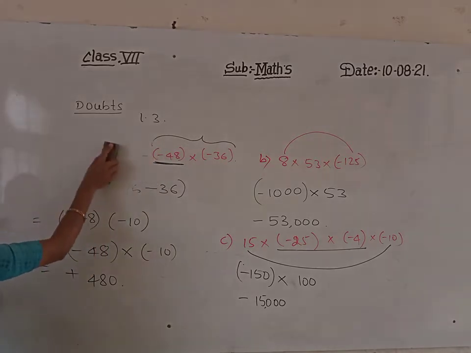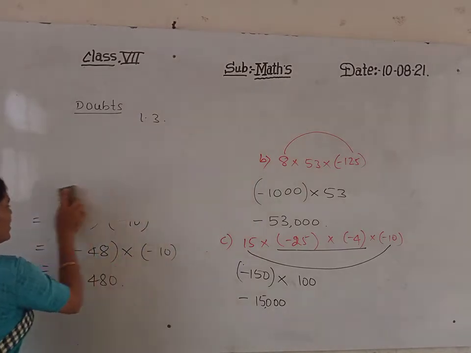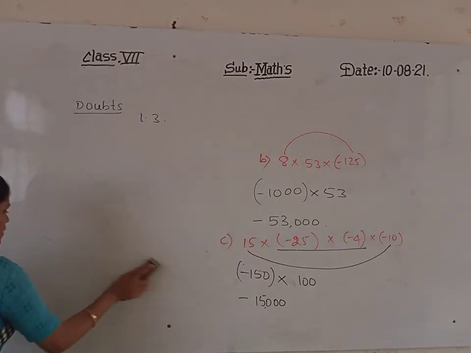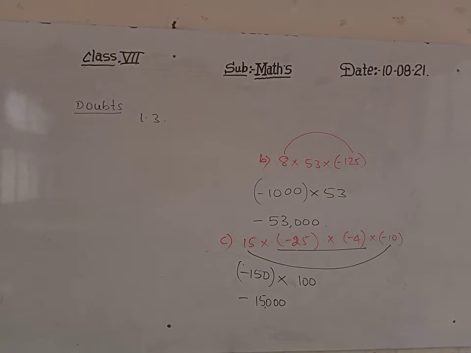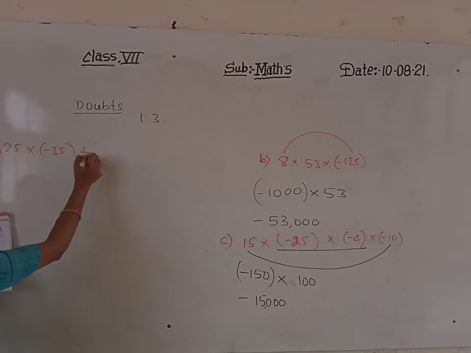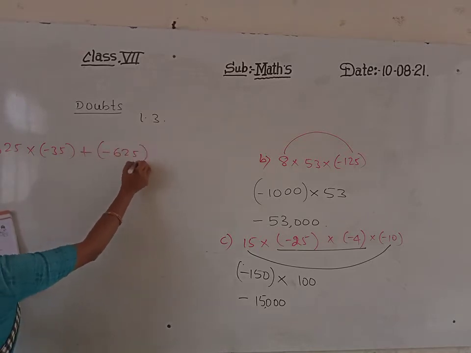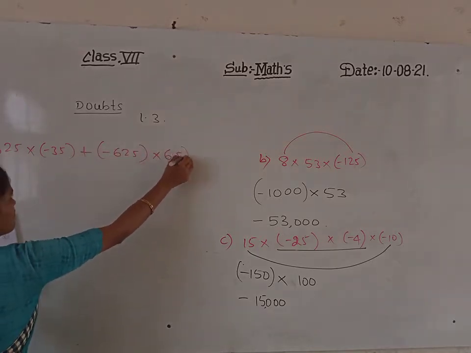Eighth one, you can solve E. The question number E. What is it here? 625 into minus 35 plus minus 625 into plus 65.